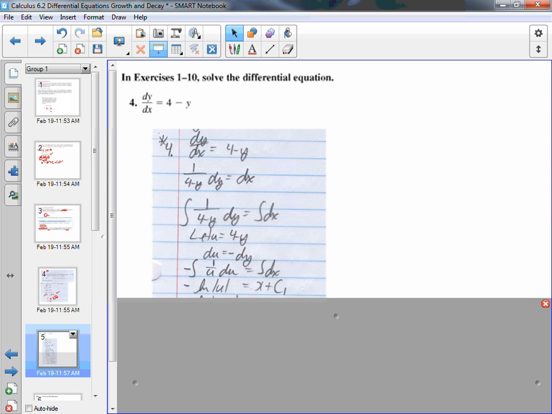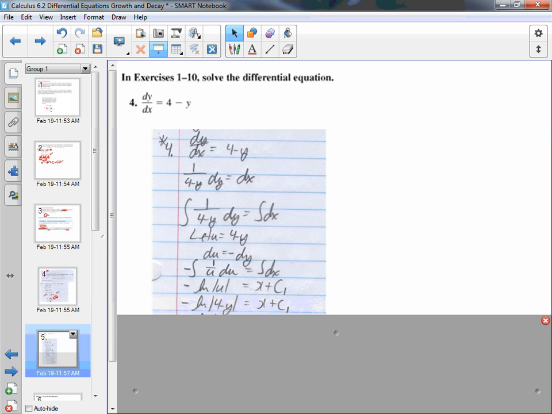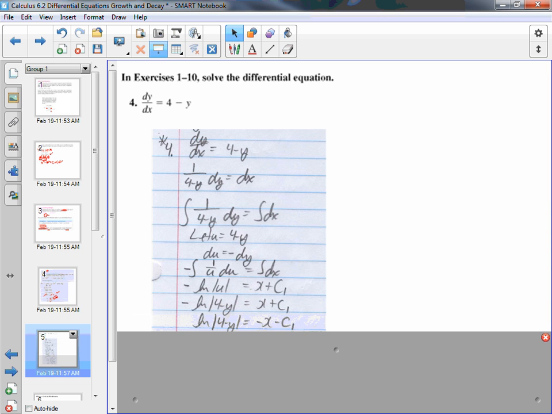All right. I don't like that negative sign over there with what's eventually going to be my y. Oh, go ahead and put the 4 minus y back in. I don't like the negative sign over there with what is now my y. So how about if I just multiply both sides by negative 1?